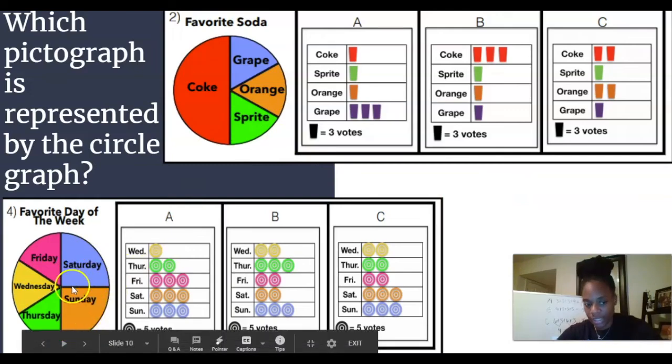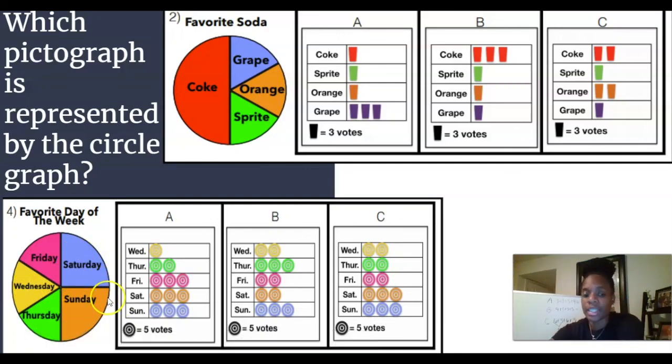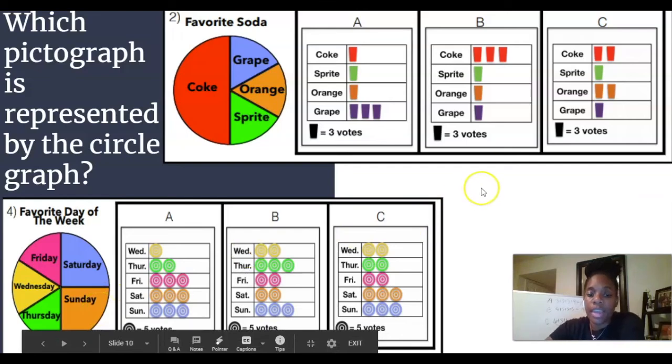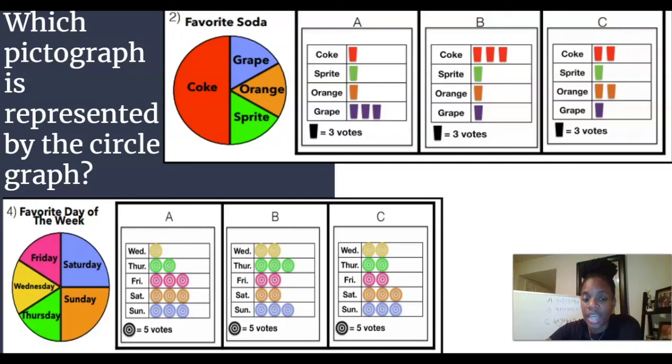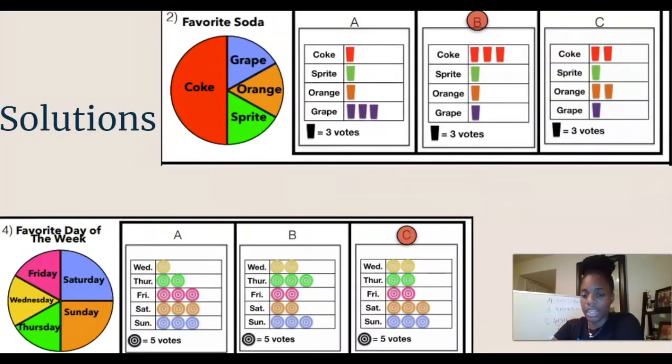If this line were to go straight across, it would be broken up into 4s, and each would represent a quarter of the circle, but they both combined together make half of the circle. 25 and 25 gives me 50. 50 is half of 100, because a circle is made up of a total of 100%. So when we divide out the answers, our answer comes out to be C.